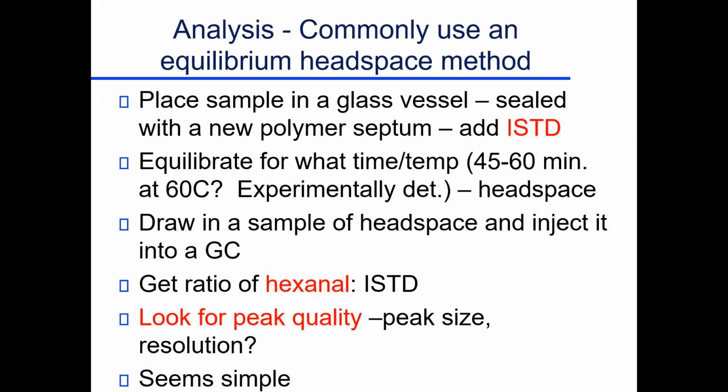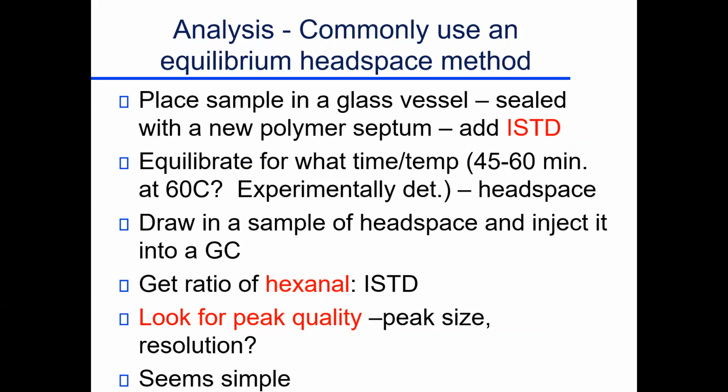So very, very simple methodology. You then typically look for hexanal. Hexanal is a good indicator of oxidation, good triglyceride oxidation. So that's most commonly the compound that people look for. When you look at the ratio of this to the known concentration of that, we can calculate the concentration here.